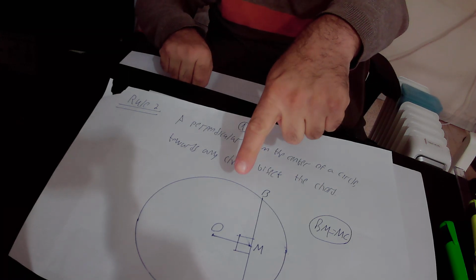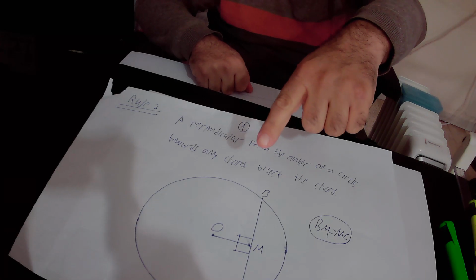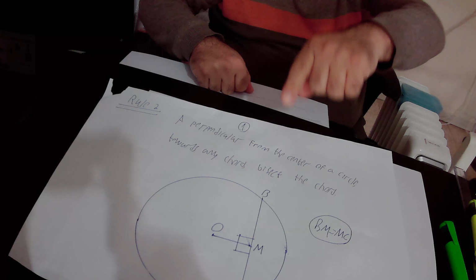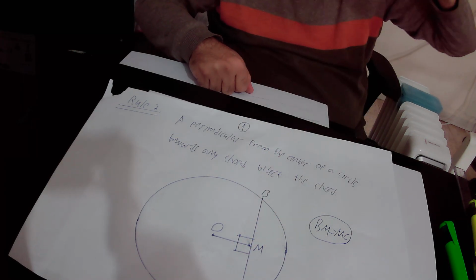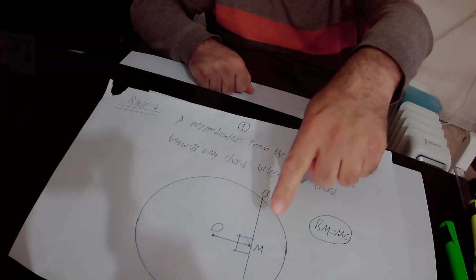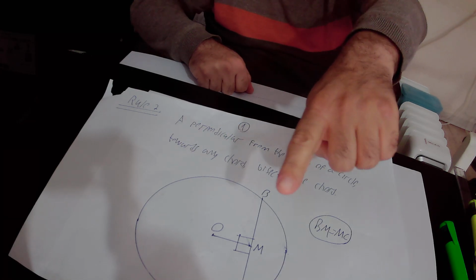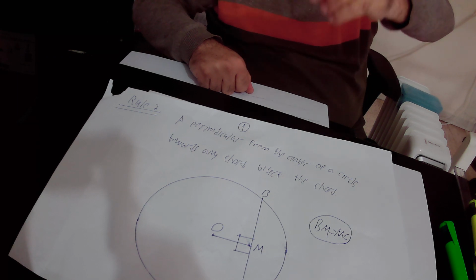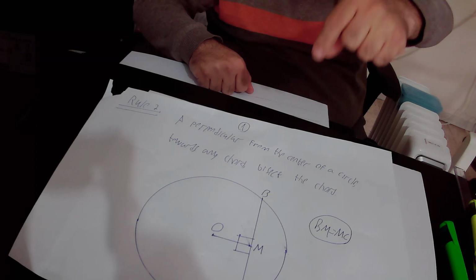Point O is the center of this circle. So if from the center, point O, we draw a perpendicular on chord BC, this angle equals 90 degrees and this angle equals 90 degrees according to our construction. We define the touching point of the perpendicular from point O and BC as M. So the perpendicular OM on chord BC bisects chord BC, that is to say, it divides it into two halves.